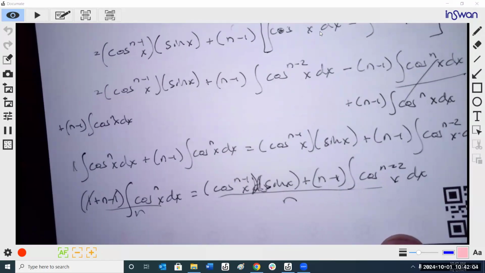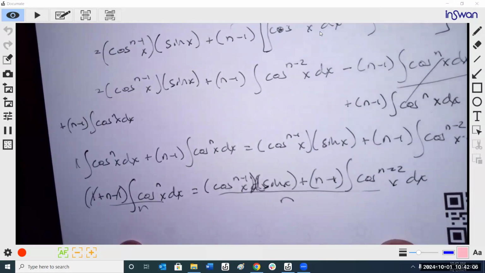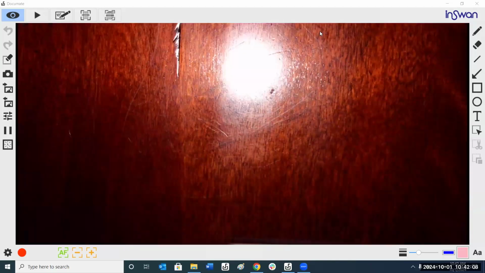So that gives us just the integral of cosine n, which we're looking for.